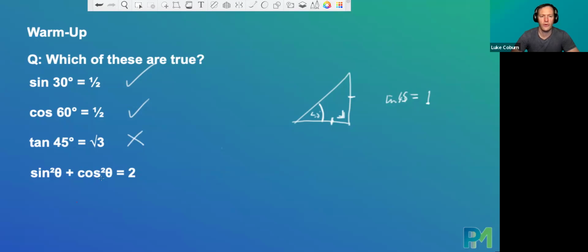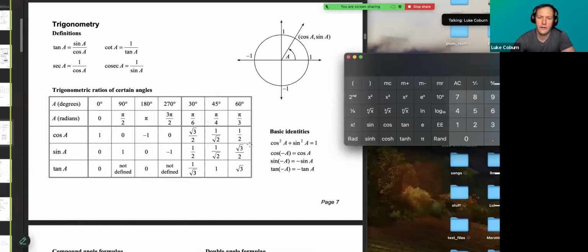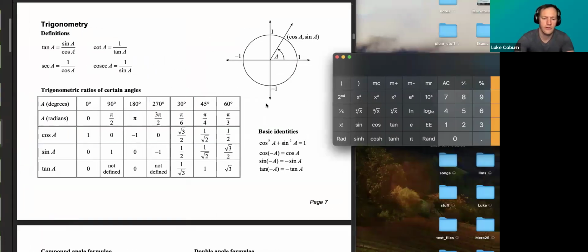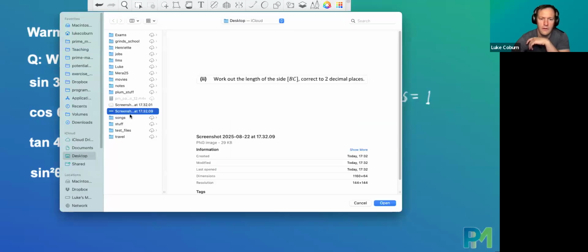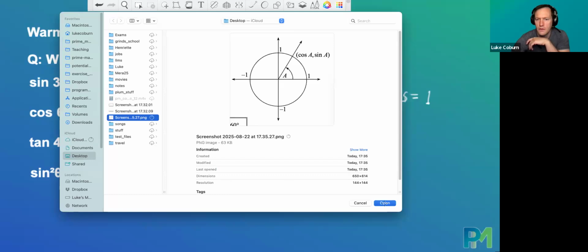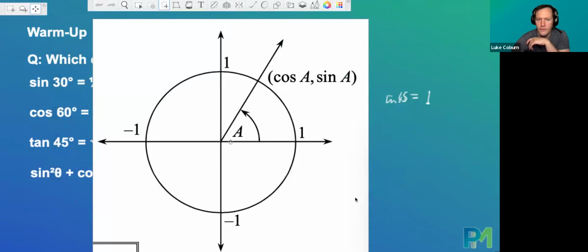And this one here, sine squared plus cos squared theta is equal to 2. Let's have a quick look at this. When I have a look at this picture here, I might take this over. Look at this real fast.